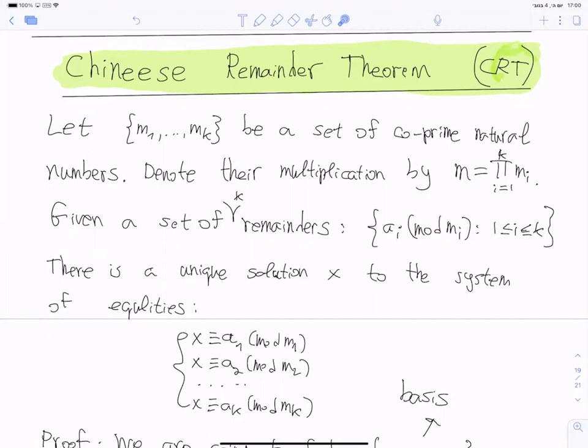Okay, last time we started to talk about the Chinese remainder theorem, which says that if you take a set of co-prime natural numbers, and you also take a corresponding set of remainders, each Ai modulo Mi, then there is a unique solution to the obtained system of equalities.